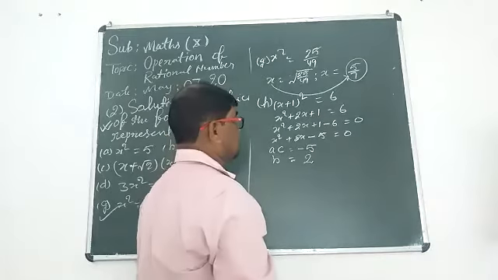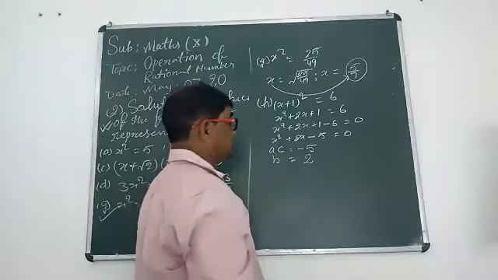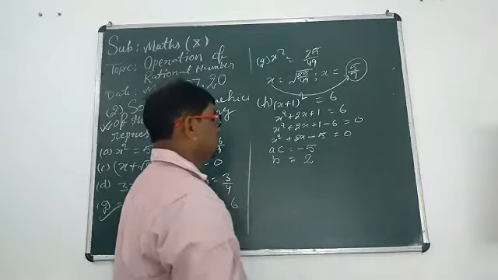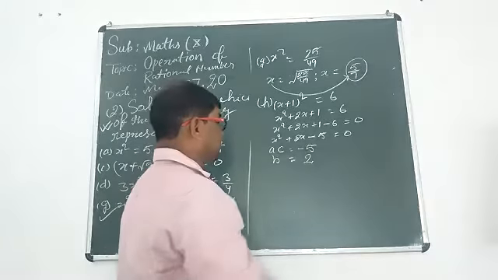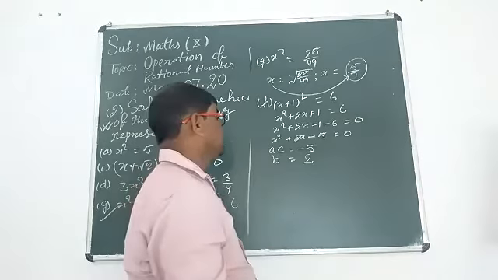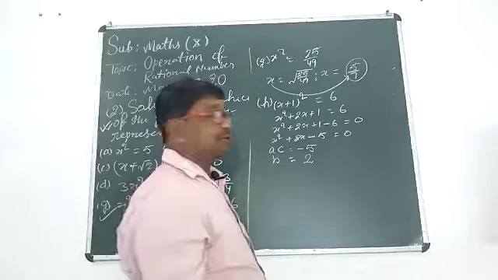Then how you can split? Product is -5 and the sum is 2. Can you split it? How? Say anyone?